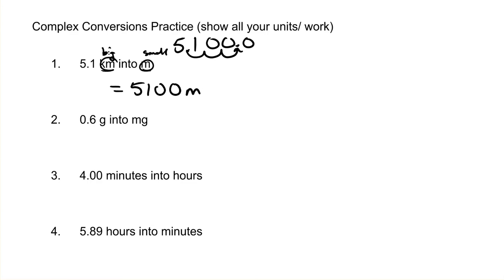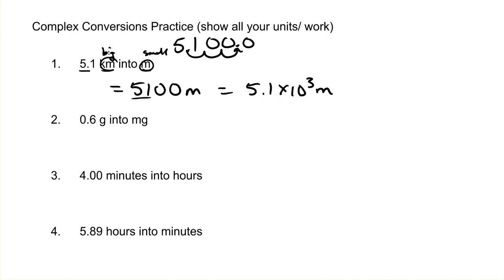So we should be taking into account our number of significant digits, but again, we're going to get used to that a little bit later. This would be 2 significant digits, so 5.1 times 10 to the 3 meters, but we'll deal with that later.